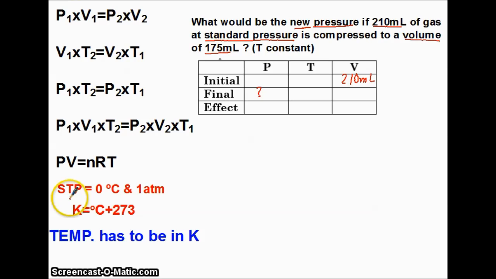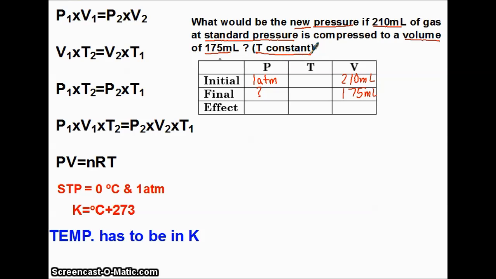If we go back down here to standard temperature and pressure, we know that the standard pressure is 1, so that's going to be 1 atm. Then we have our last bit of information here, 175 milliliters. That's going to be the final volume, 175 milliliters.